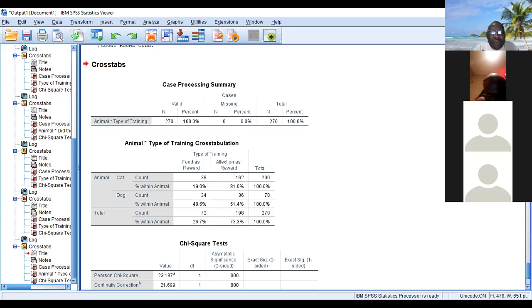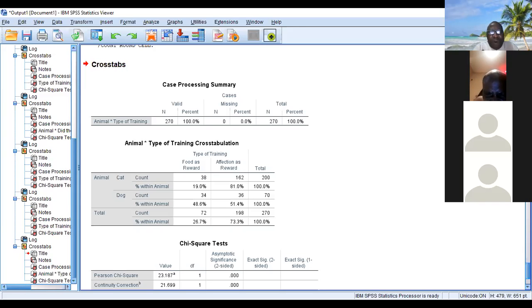So which type of training is more here? Okay, for food as reward. Food was even given to dogs more as reward than affection.